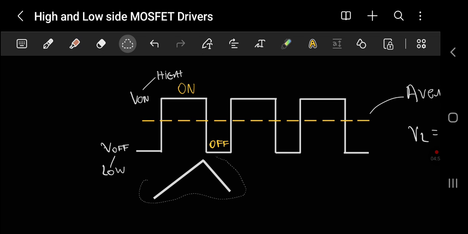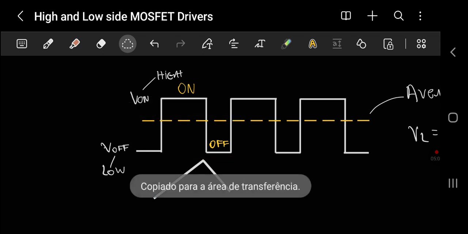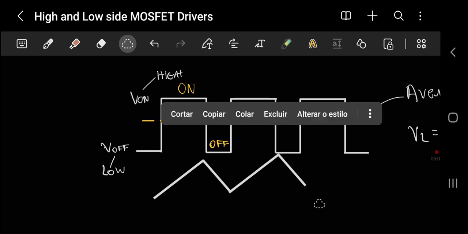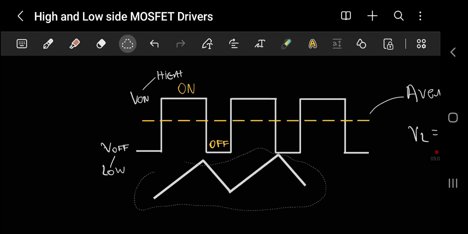And this is a process that is going to repeat. So that is the current.